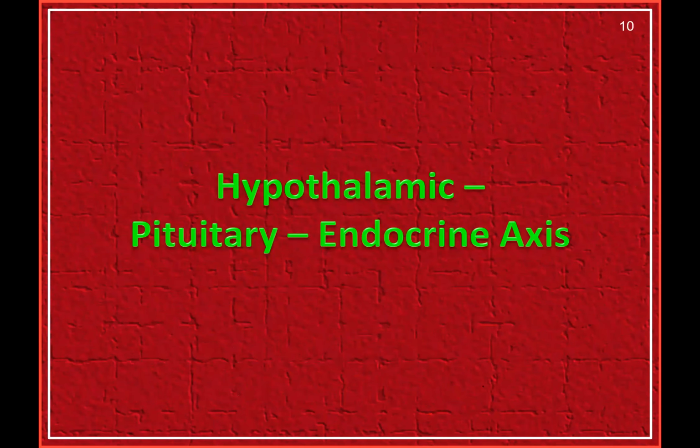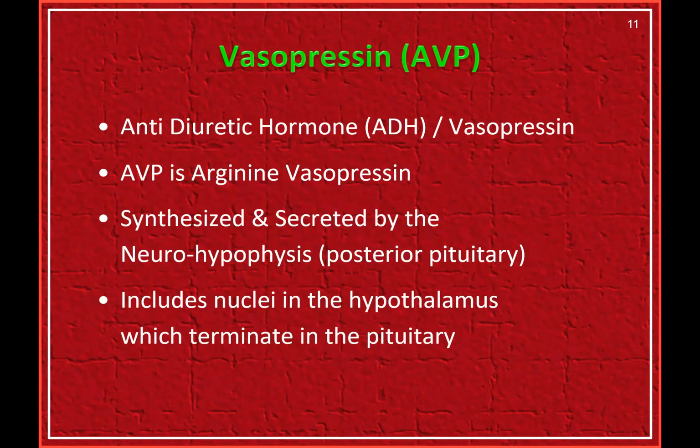Okay. The hypothalamic pituitary endocrine axis. This is the one which is governing the fluid movement and the sodium movement, governed mainly by arginine vasopressin, also called the antidiuretic hormone, ADH, or vasopressin. It is called AVP because the amino acid arginine is there in arginine vasopressin. It is synthesized and secreted by the posterior pituitary or the neurohypophysis.